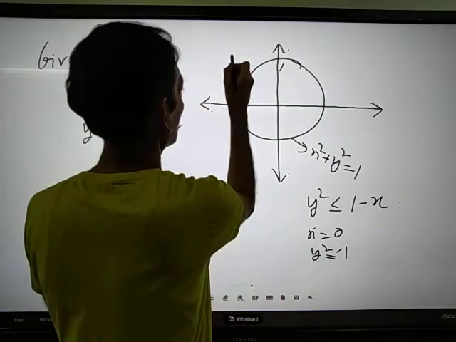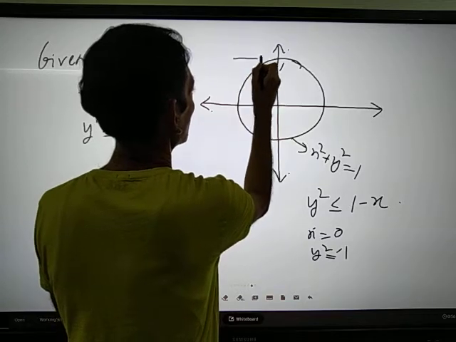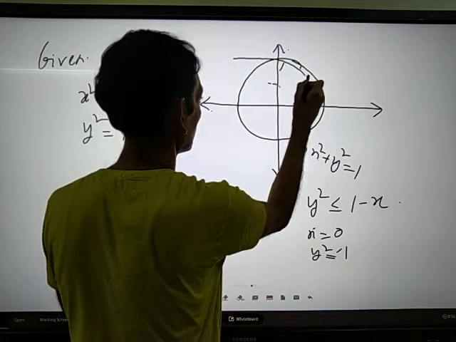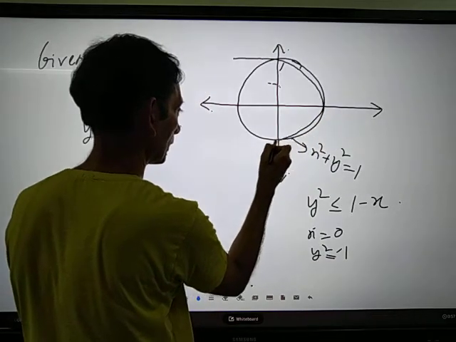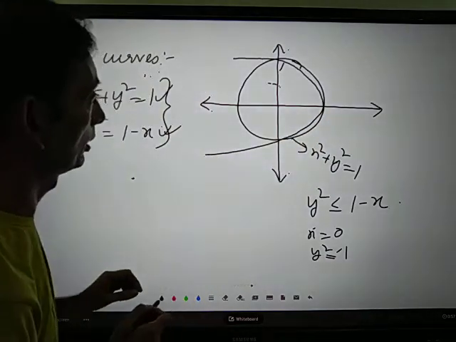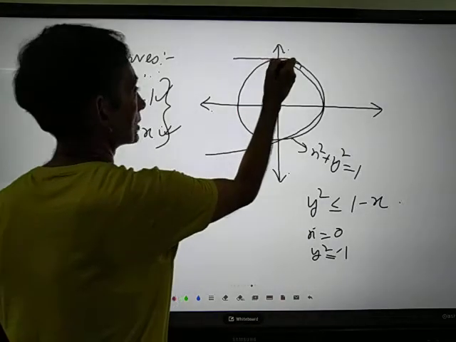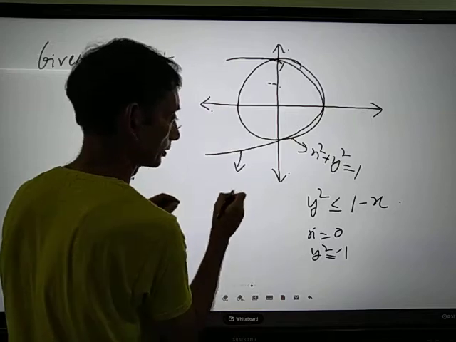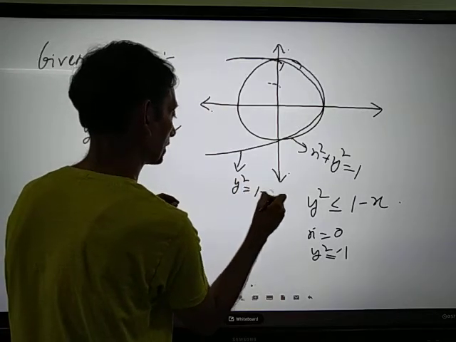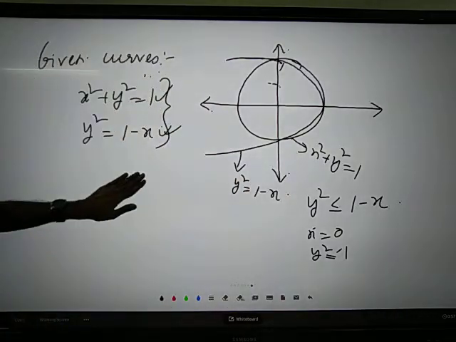You can draw the parabola. So it will be along the negative x-axis. Fine. So this is the parabola, and the equation of this curve is y squared is equal to 1 minus x.